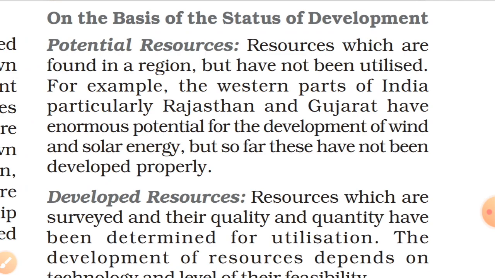For example, the western part of India, particularly Rajasthan and Gujarat, have enormous potential for the development of wind and solar energy, but so far these have not been developed properly, because to extract wind energy and solar energy is very tedious or time taking, and we don't have that technology yet, but surely in future we will be able to harness those energies in India itself.